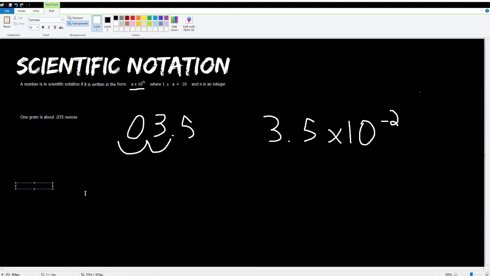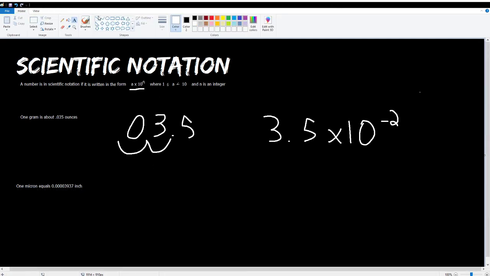Next one, 1 micron equals 0.00003937 inch.